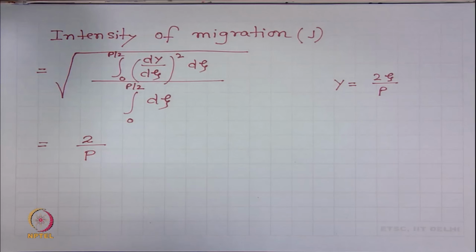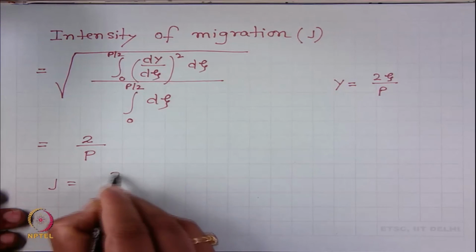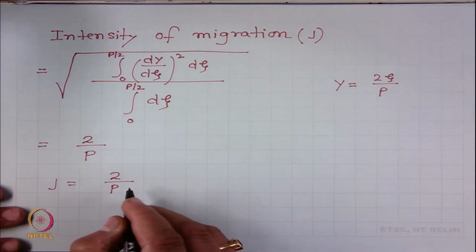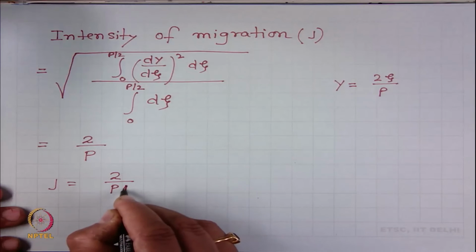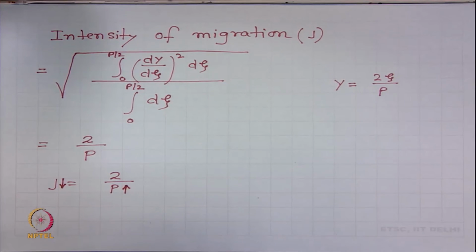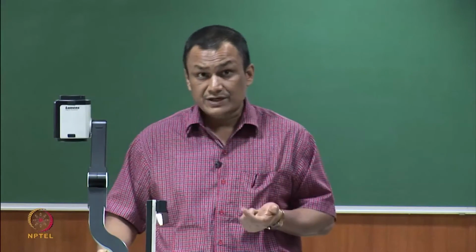You can try this. What we see is that if the period of migration is high, the intensity is less, so slow migration. When p is very high, migration is happening at a very slow rate; intensity also indicates the rate of migration.